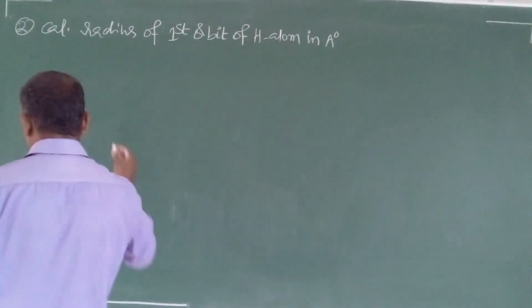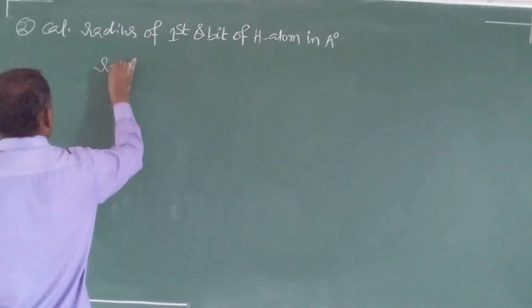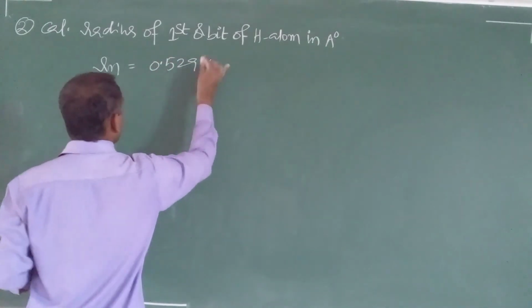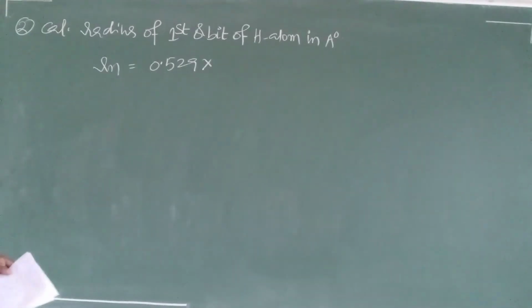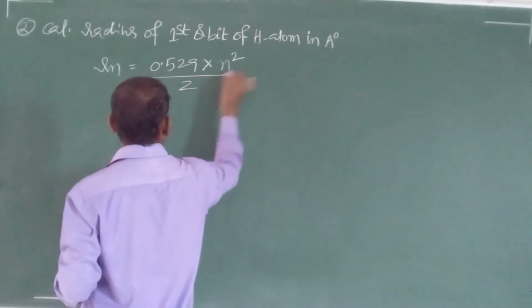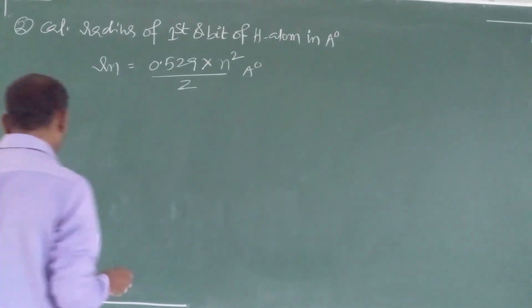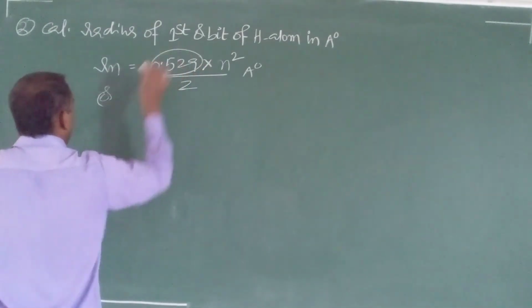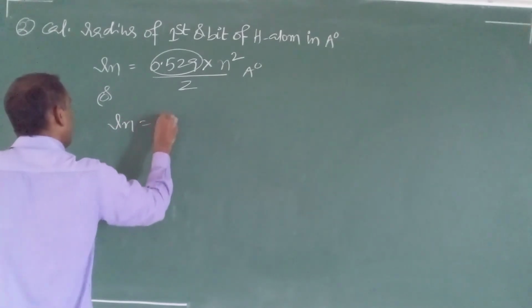So radius formula? Radius of an electron in orbit R equal to 0.529 into n square by z angstroms. Roughly this 0.529 we can take as 0.5.